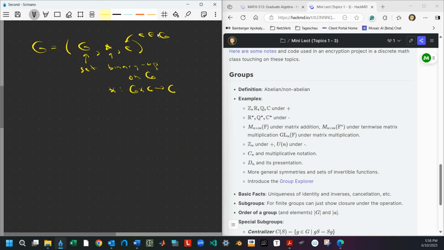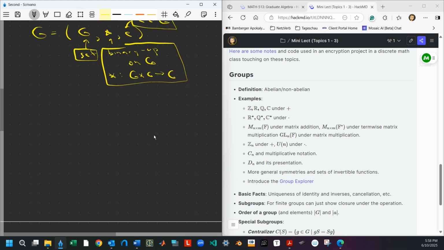So very general. We just have a set of objects, a binary operation on that set, and a particular element in that set, and they need to satisfy some axioms. Not very many. So one is associativity.